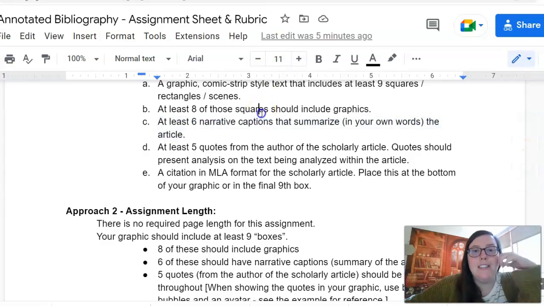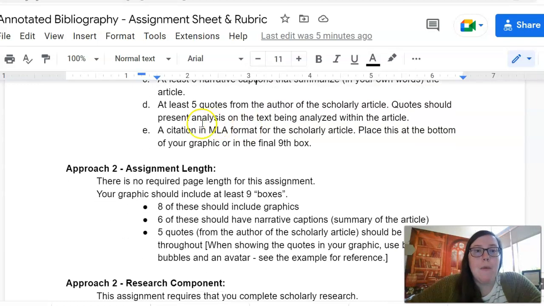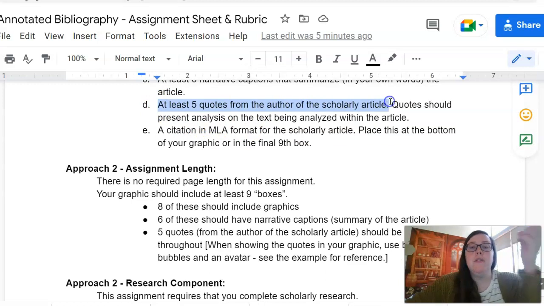So you need to have at least 6 summaries, or really what I'm saying is summarize 6 main points of that scholarly article. I want you to include at least 5 quotes from the author of the scholarly article. You should associate those with your summaries. So, if you have a summary, what quote helps to support that your summary is accurate?